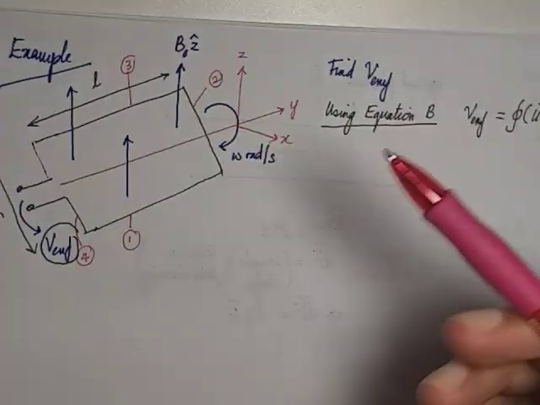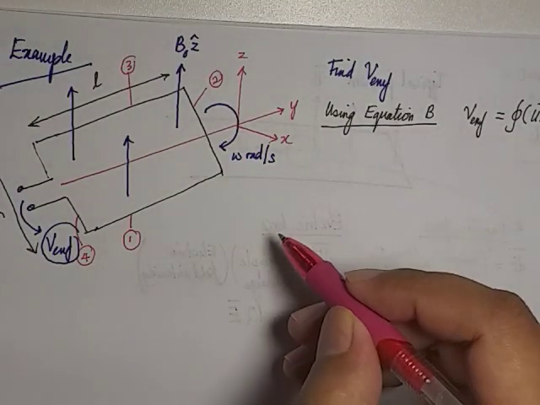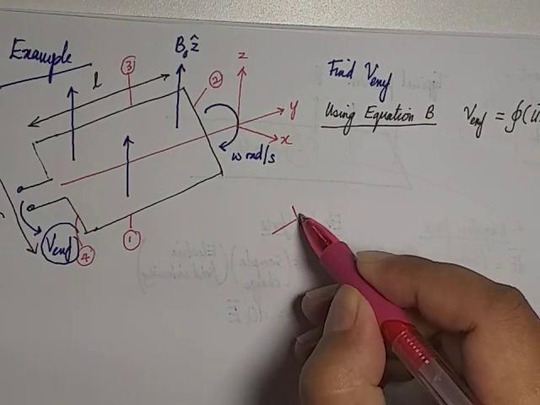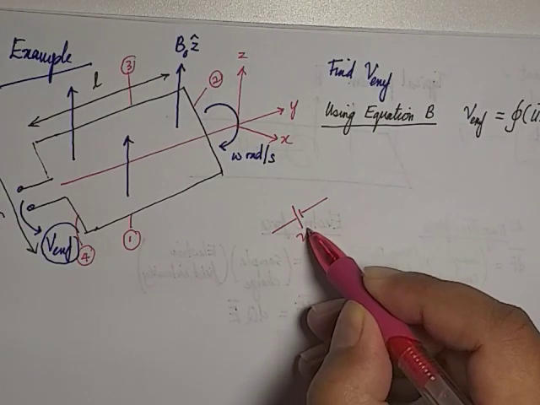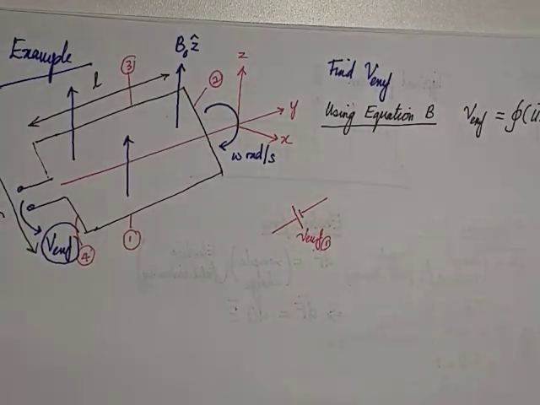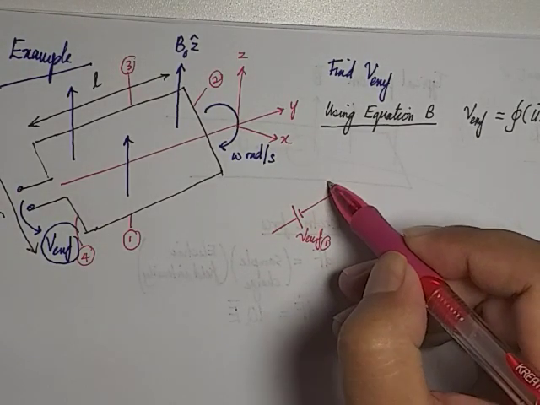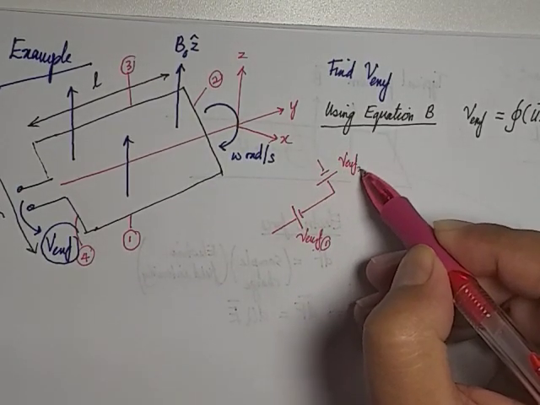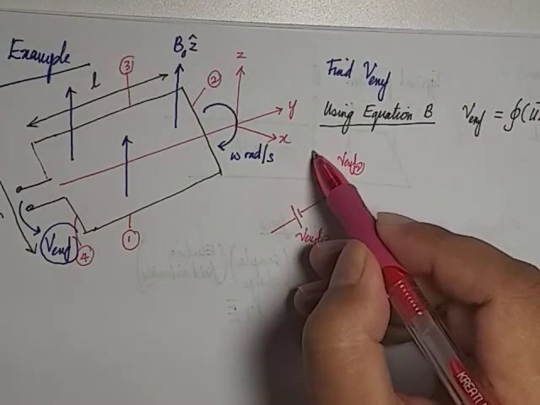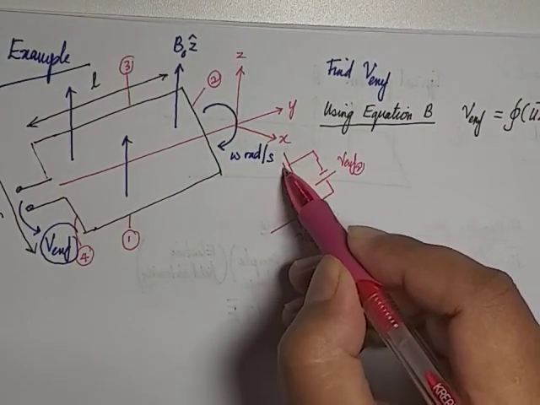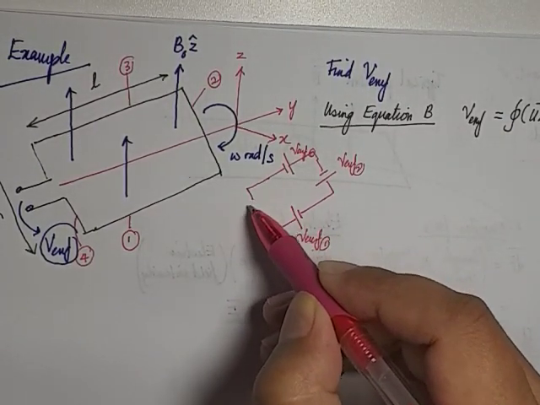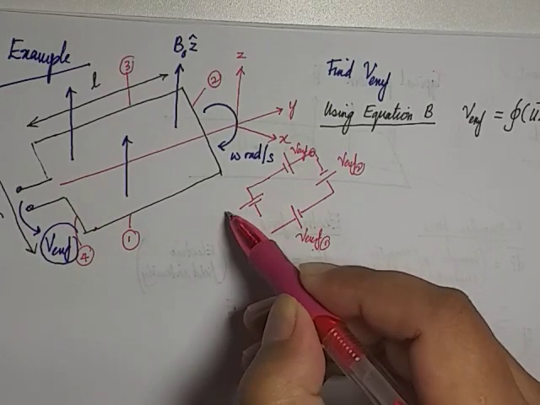In a simpler way, the structure can be redrawn such that site 1 creates VEMF1 because the conductor is moving in B, and site 2 also has its own VEMF2. Similarly, site number 3 has its own VEMF3, and finally, site number 4 has VEMF4.